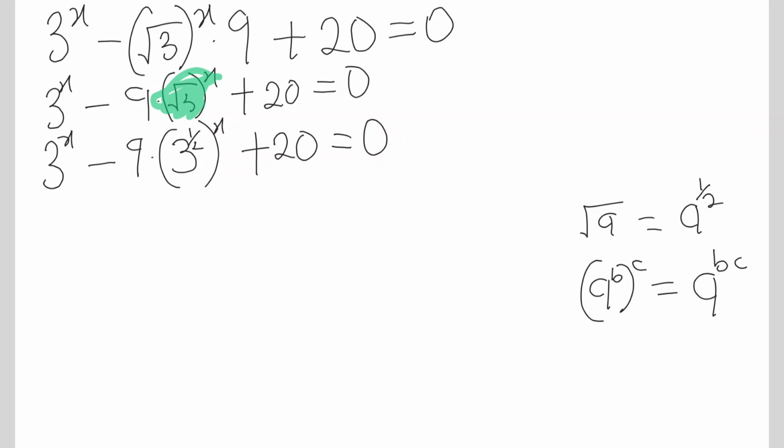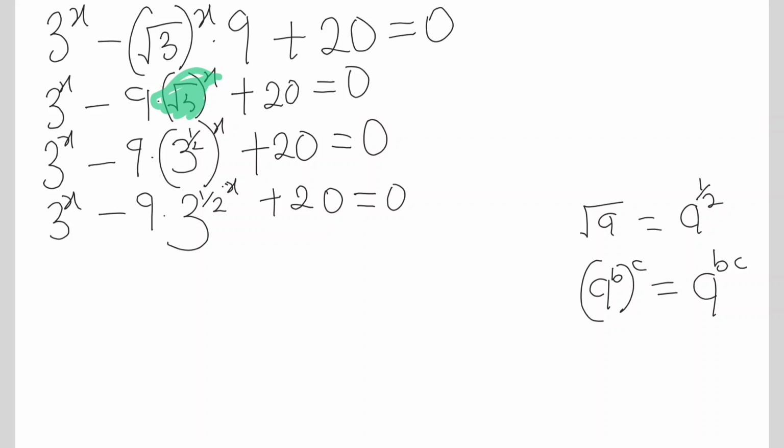So we'll be having 3 raised to the power of x minus 9 times 3 raised to the power of 1 over 2 times x, plus 20 equal to 0.